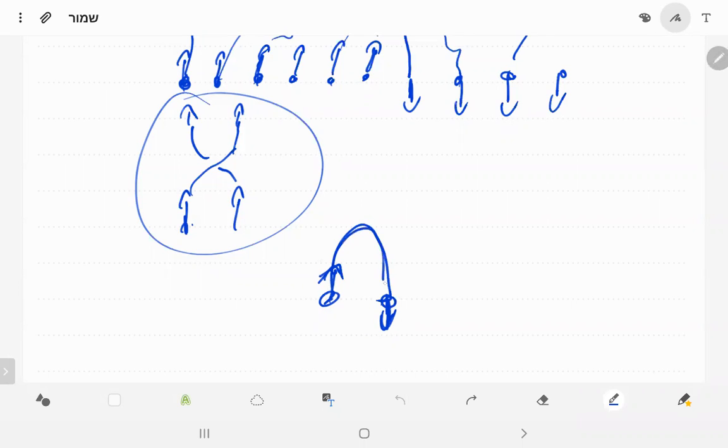So this will be represented by such a diagram. And of course, we also have a map from the empty set to x tensor x star. So we have this diagram and we have this diagram.